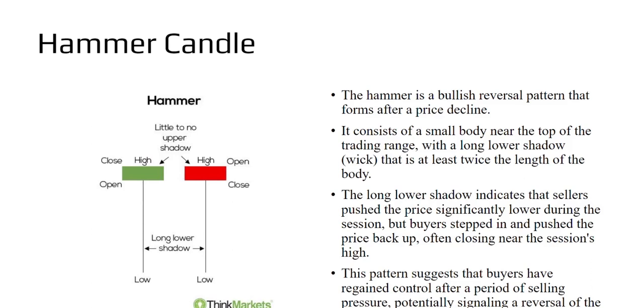Because we see that from the open, if we're looking at the bullish hammer candle, it opened, but they still pushed it all the way down, because we have that huge long lower shadow, but the buyers still came in and pushed it right back up. That's what this pattern suggests. It suggests that buyers have regained control after a period of selling pressure, potentially signaling a reversal of a downtrend.